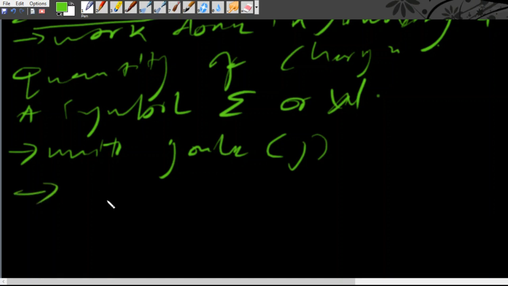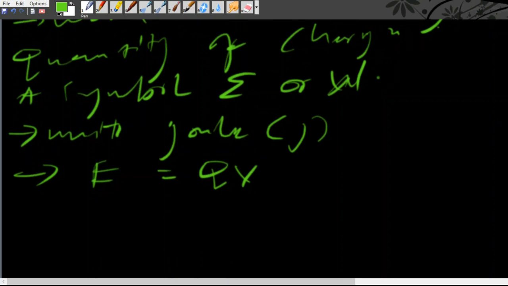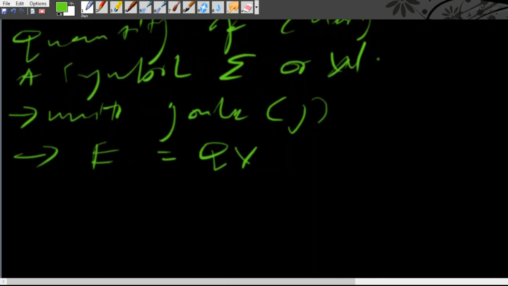Then let us look at the formula. We're going to say E is equal to Q multiplied by V. Q is charge, and V is voltage, our potential difference.